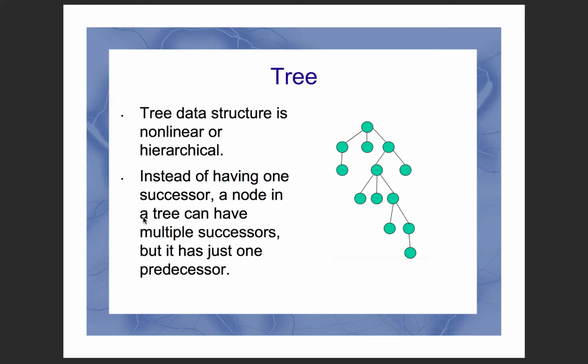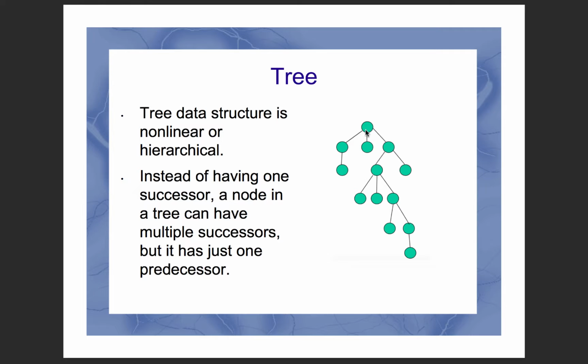But when we talk about the tree, a tree is non-linear because a node might have multiple forward nodes. You can see that this is a tree structure, and we'll talk in detail about why it is called a tree. Before jumping into the details, just try to understand the difference between a linked list and a tree. In a linked list we have several nodes, and each node has only one forwarding node.